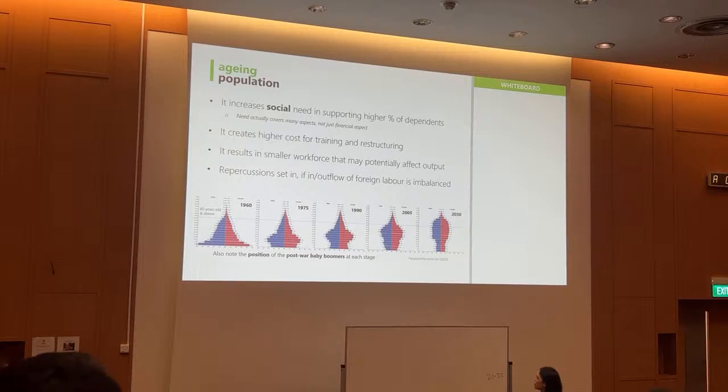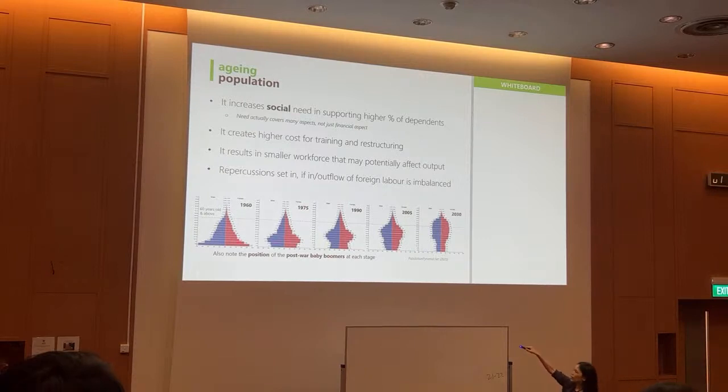We need to be mindful that the current aging population faced by Singapore is not just due to the general trend of aging. It is also due to the exceptional event of the post-war baby boom. Due to this post-war baby boom, you have this sudden big amount of babies being produced.